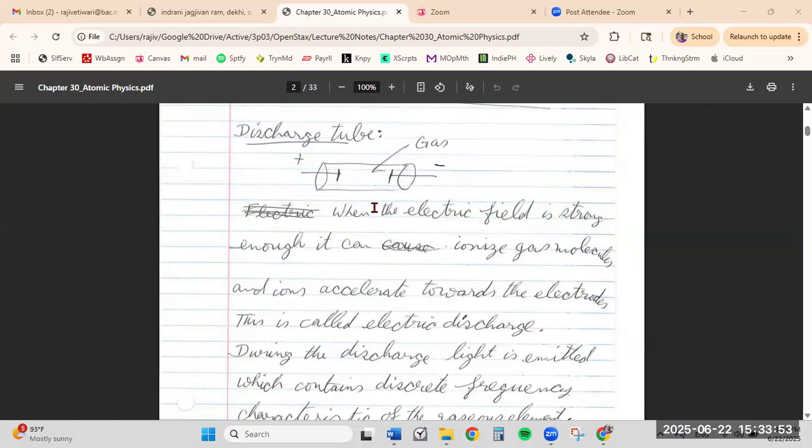So once you have a large enough potential difference, you ionize the gas, and then the positive and negative ions accelerate towards the anode and the cathode. The positive ions accelerate towards the lower potential end, and the negative ions accelerate towards the higher potential end.